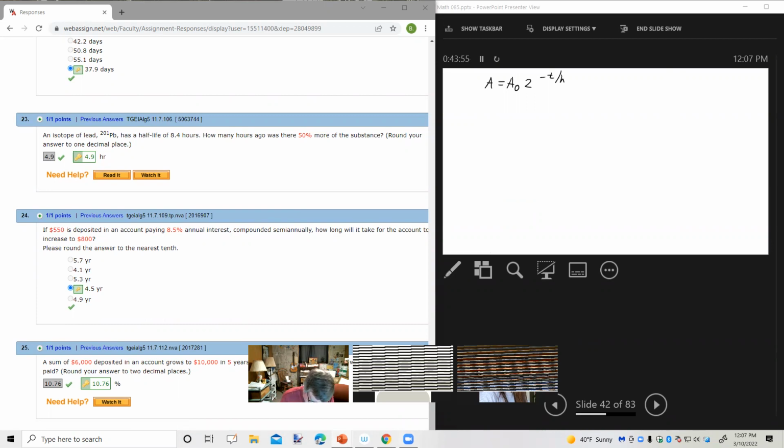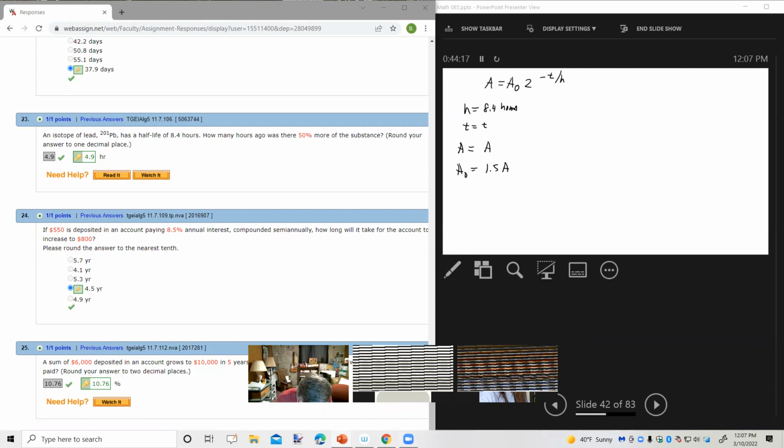So H is still 8.4 hours. Time is the unknown. The ending amount is A. The beginning amount is A plus 50% of A, so 1.5 times A. You okay with where I got the 1.5? Yes.